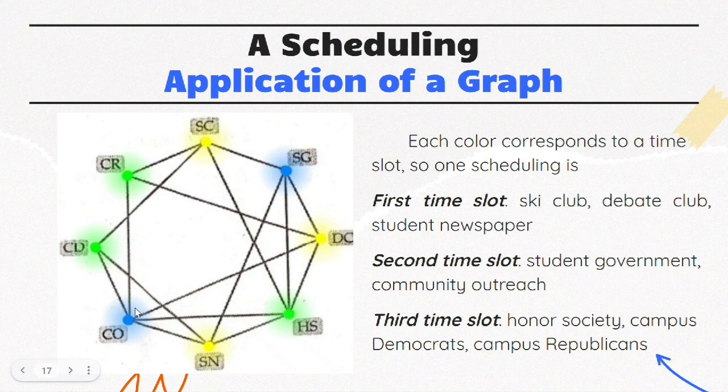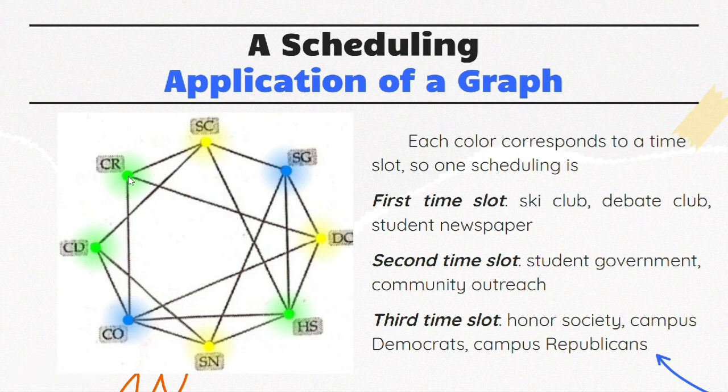And for the third time slot, it would be honor society, campus Democrats, and campus Republicans. So take note, class, that those clubs with the same colors are not adjacent, right?